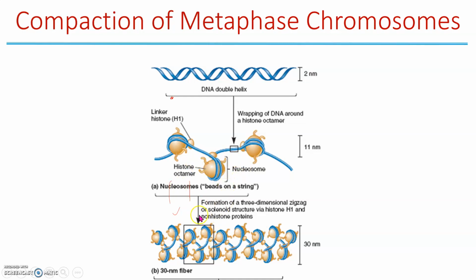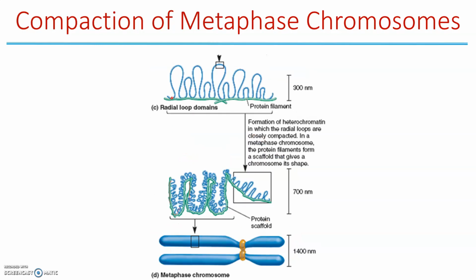Then we take that and we form our 30 nanometer fiber, which has the zigzag pattern. We take our 30 nanometer fibers and we attach them to the nuclear laminin at the MAR sites. Remember that?